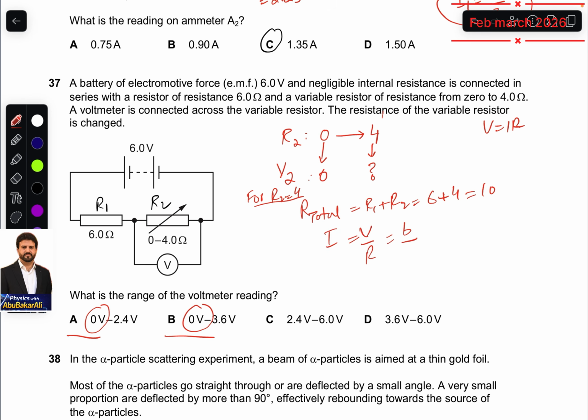Total voltage is 6, total resistance is 10, so the current is 0.6. To find V2, the reading of the voltmeter, it will be the total current passing through both the resistances multiplied by R2. So 0.6 multiplied by 4 gives me 2.4. So that is the range. It's option A.